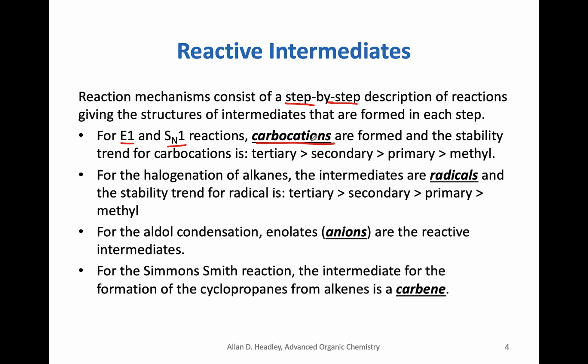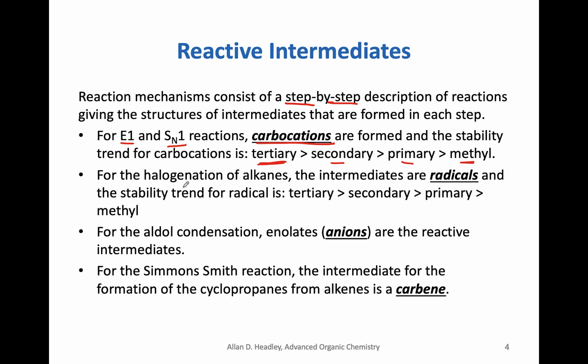So those are the intermediates that are formed for these type of reactions. And of course, as you will recall, the stability of carbocations is tertiary, more stable than secondary, more stable than primary, and more stable than the methyl. So the tertiary carbocation is the most stable carbocation, and the methyl carbocation is the least stable.